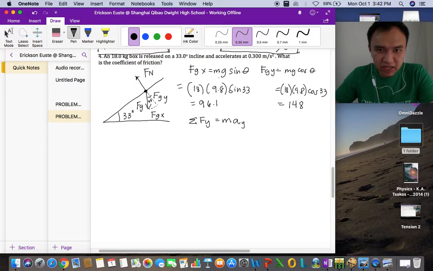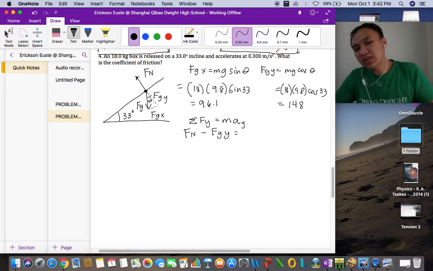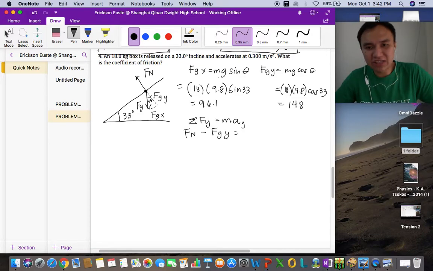With this, we have normal force minus FGY is equal to, you notice here that there is no acceleration because it's not moving along the y-axis, so this is equal to 0. I already know FGY, which is 148, so that means the normal force here is 148 newtons. We will use that later.